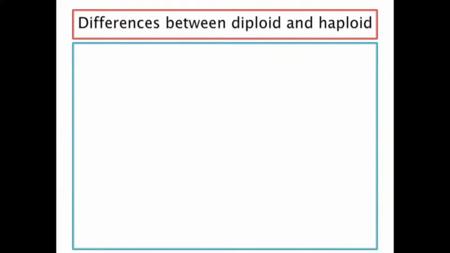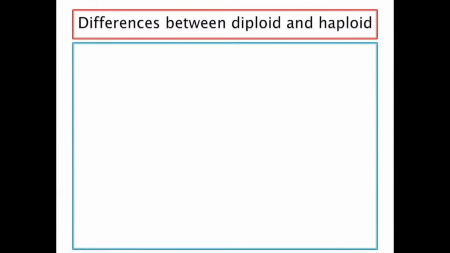For example, if an organism has 20, the haploid state of it is going to be 10. If the organism has 32, the haploid number of that organism is going to be 16. So haploid means half the chromosome number, diploid means doubling.